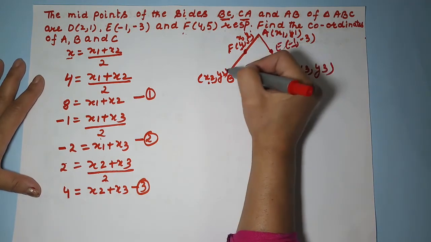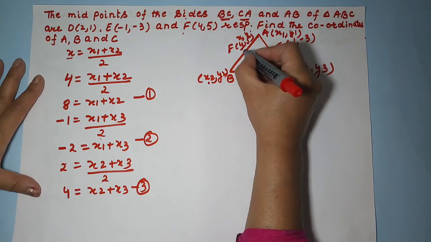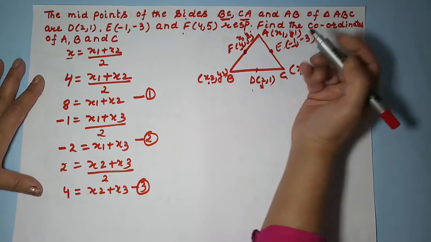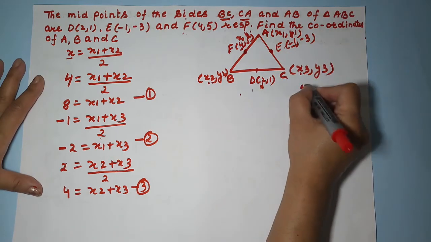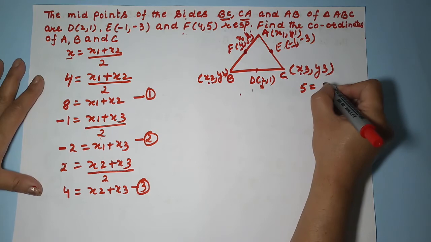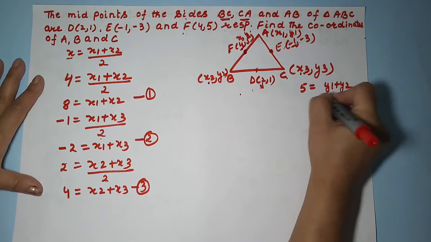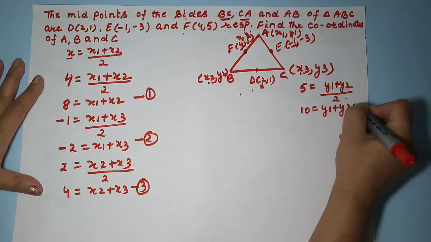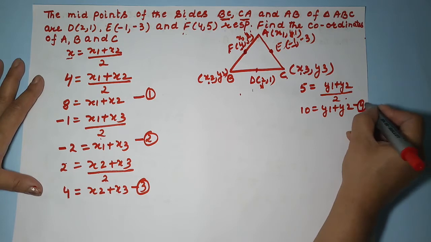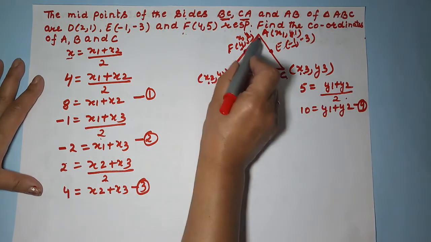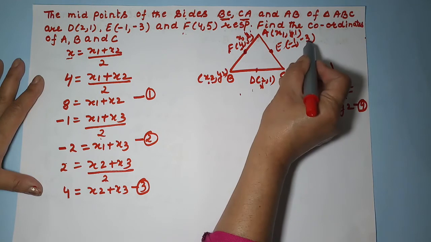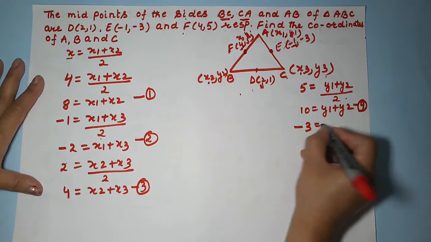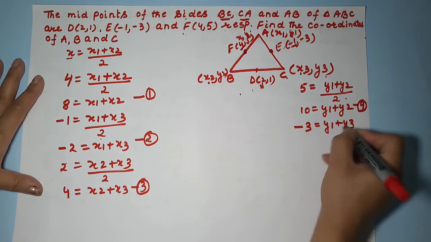Now let me find for y's also like this. Let us go to this line. The y coordinate is equal to y1 plus y2 by 2. That means 5 is equal to y1 plus y2 by 2. Does that mean 10 is equal to y1 plus y2? This is my fourth equation. Let me go to this line. The y coordinate is minus 3, so minus 3 is equal to y1 plus y3 by 2.